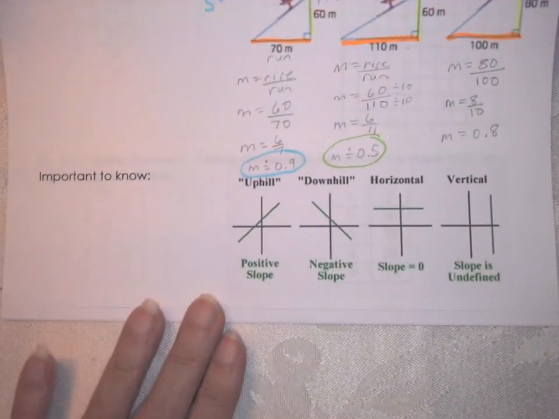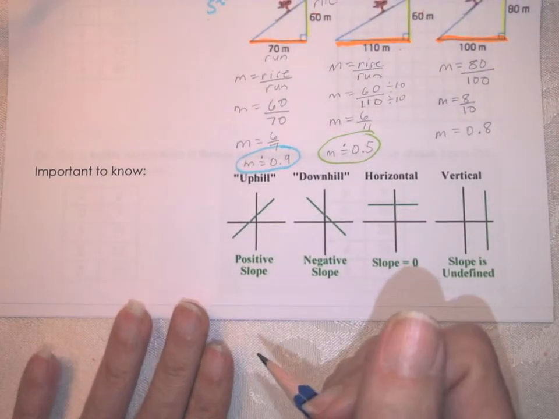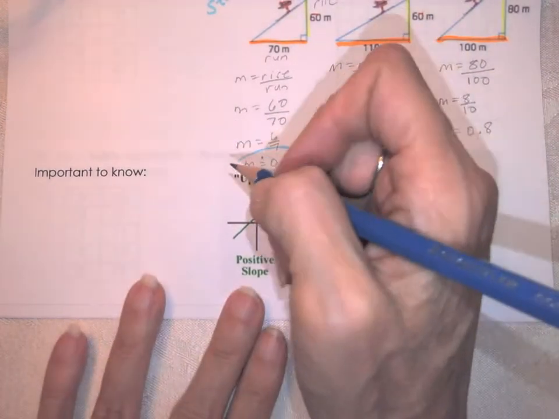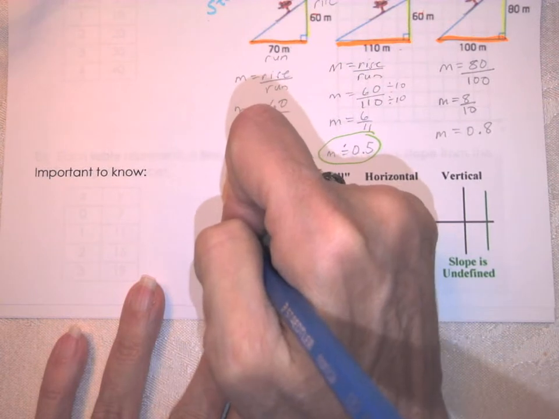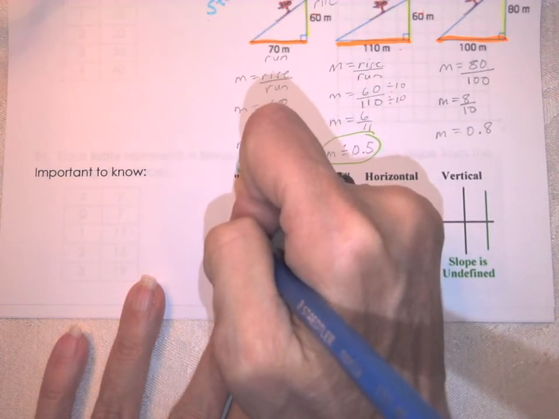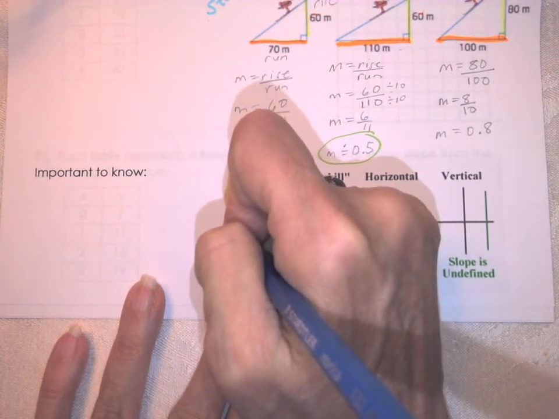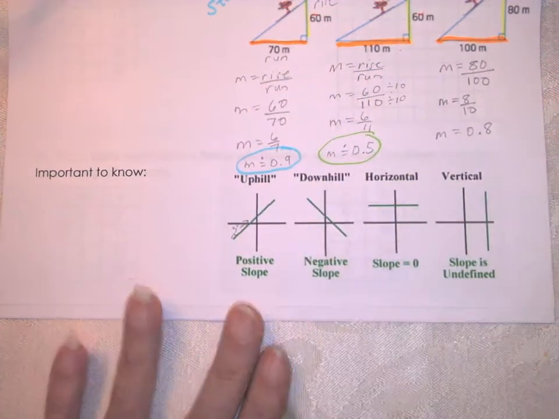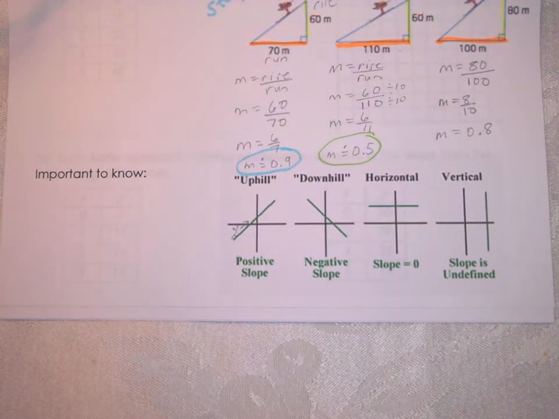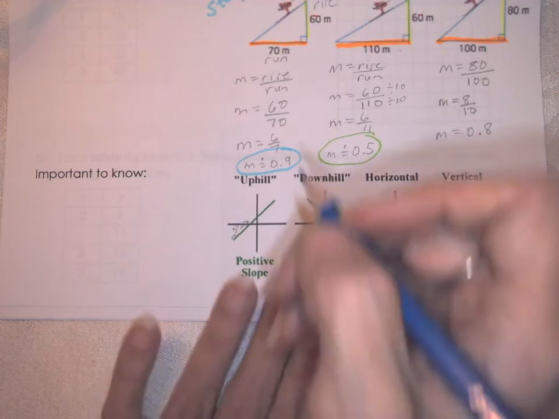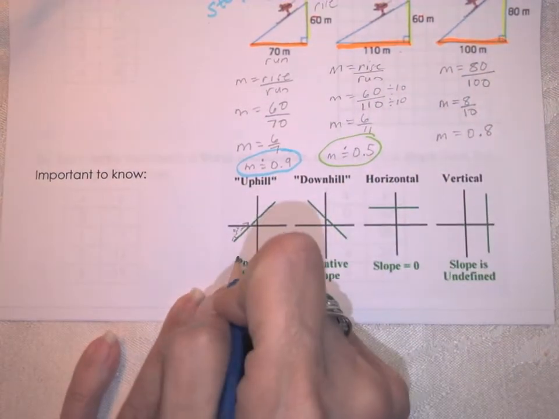Okay, so some important things to know about slope. If you imagine a little ant here, I can't really draw one, but he's crawling uphill. That's considered a positive slope, as you're moving from left to right.